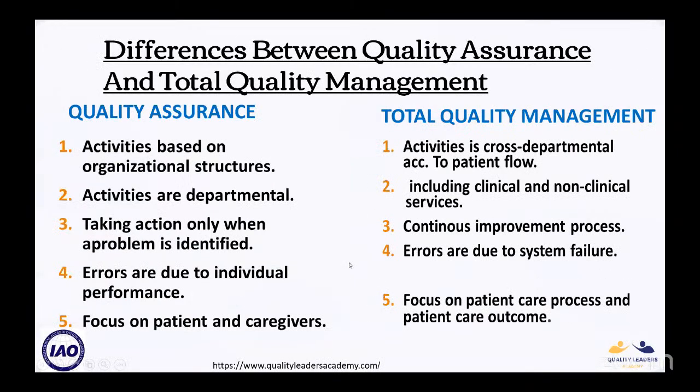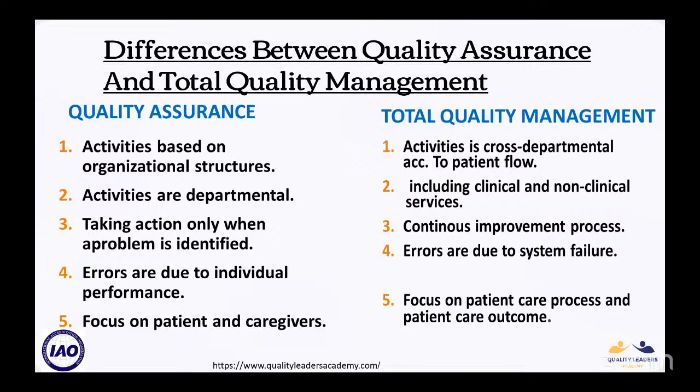Now, we need to talk about the differences between quality assurance and total quality management. Okay. So, what is quality assurance? It's inspection based. It means you check work after it's done, to catch errors, right? And QA is reactive, meaning you respond to problems after they occur.